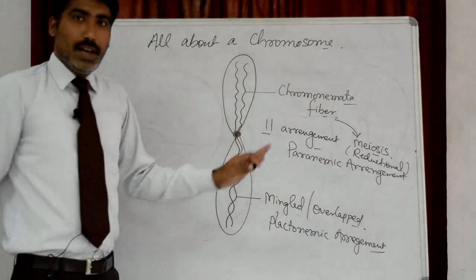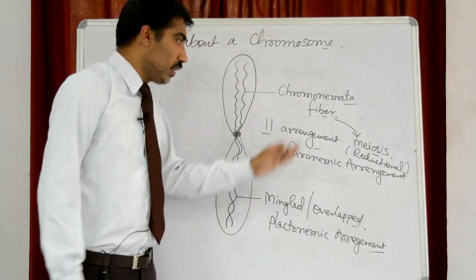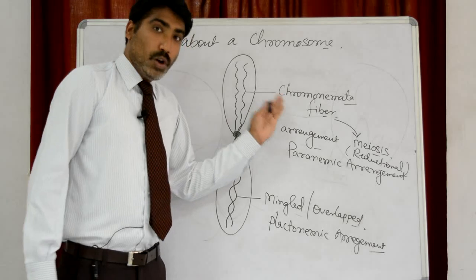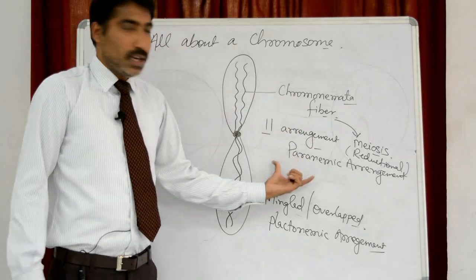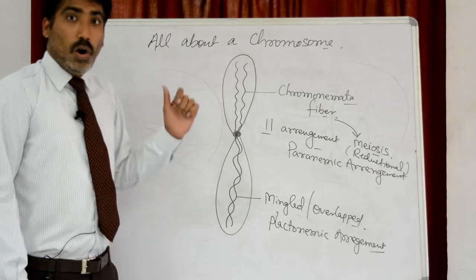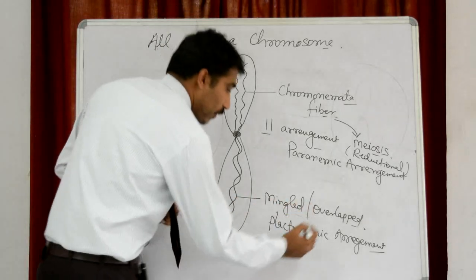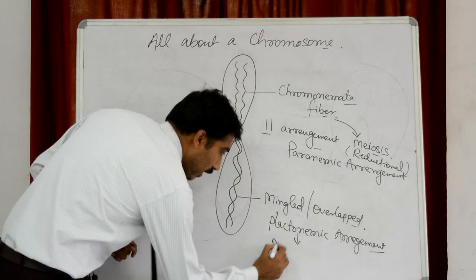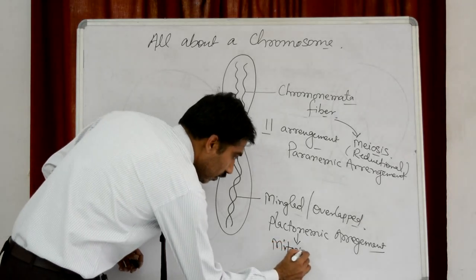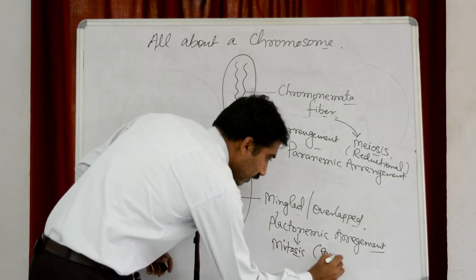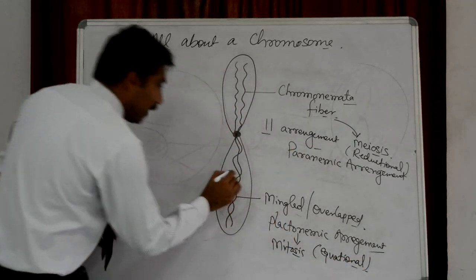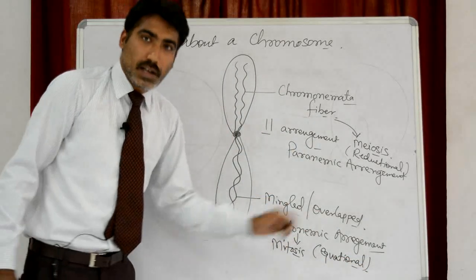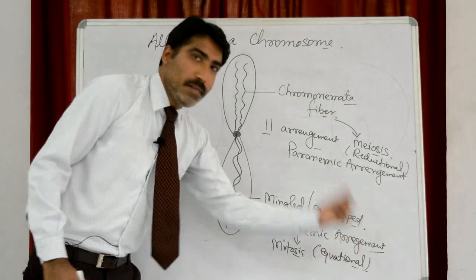The cell which is undergoing meiosis will always show this kind of arrangement of chromonemata fiber, paranemic or parallel arrangement. On the other hand, the cell which is undergoing mitosis, which is equational division, will show this type of arrangement, overlapped or mingled arrangement, which is known as platonemic arrangement.